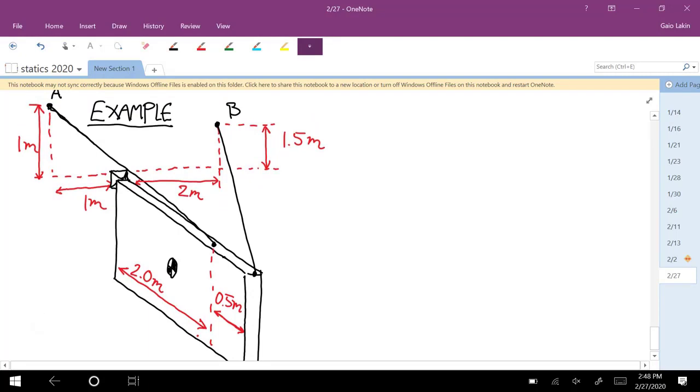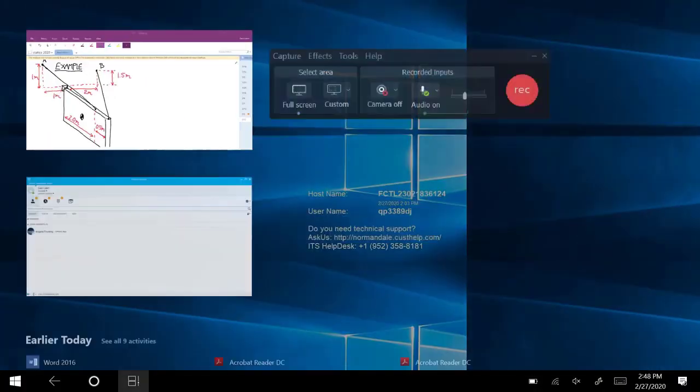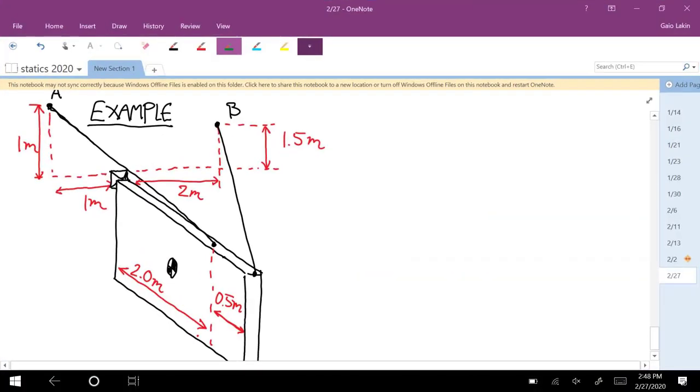And the coordinate system we're going to use: the origin is at that pin joint. The x-axis goes this way.